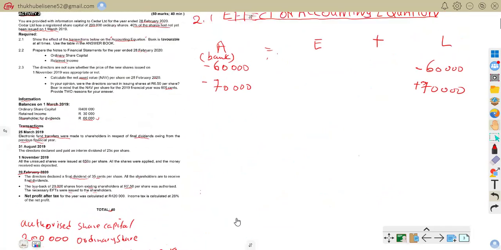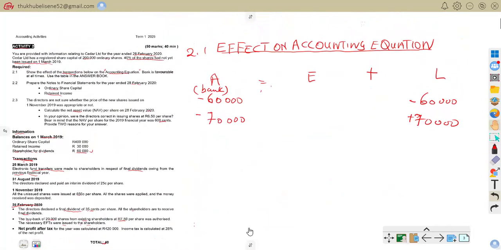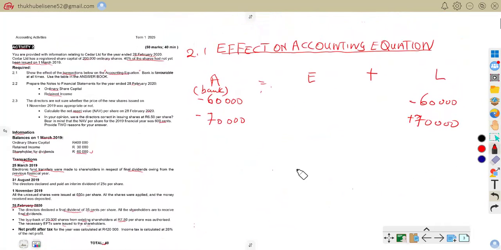This is going to affect our assets by 150,000 because you're going to pay out money to buy back shares. The money is going to come straight from our bank, and you're going to pay our shareholders, because we are now bringing the shares back to our business.